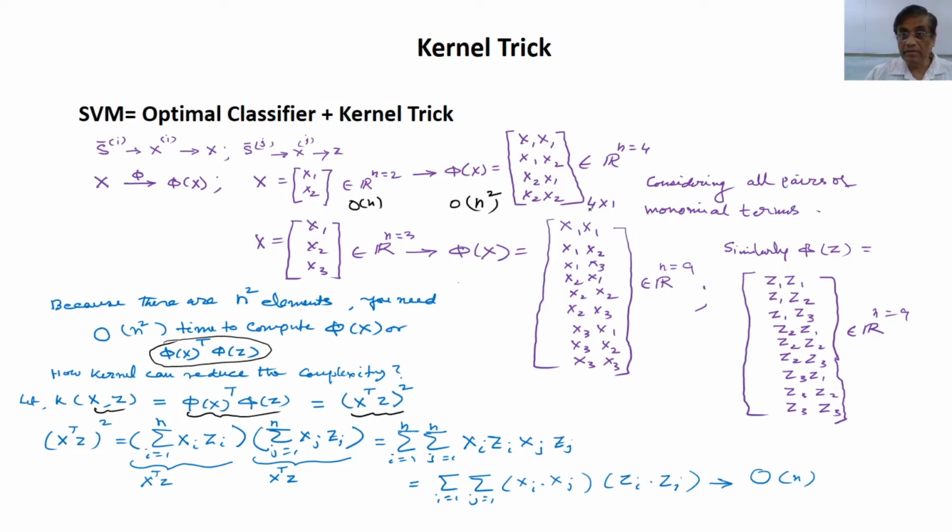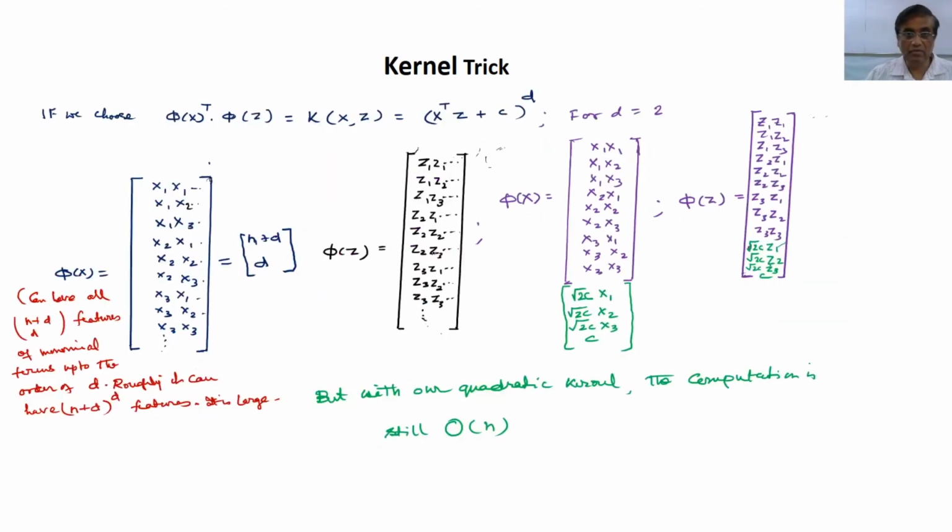Again, if we decide that we will project the data considering all pairs of monomial terms here also, where d is the order, it will be huge. So, n is the dimension of the feature in the original domain, plus d.